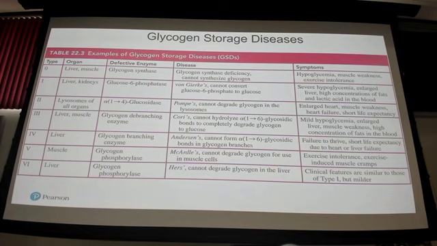Pay close attention because for some of them the same enzymes are affected, but in different tissues. For example, Ricardo's disease cannot degrade glycogen for use in muscle cells, so the clinical manifestation is exercise-induced muscle cramps and exercise intolerance.